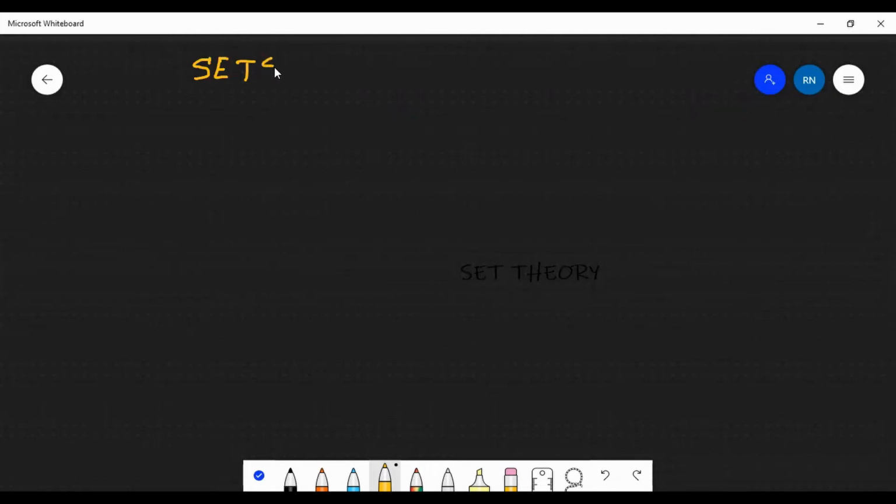This is set theory or simply sets. Simply, we can call them sets. I would like to take you to a classical definition of what is a set as given in NCERT.